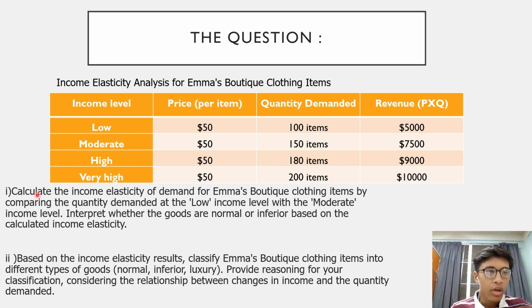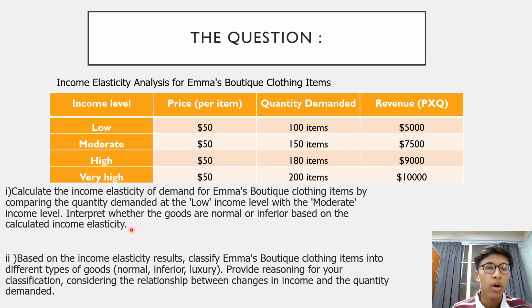So the first question asks how to calculate the income elasticity of demand for Emma Beauty clothing items by comparing the quantity demanded at the low income level with the moderate income level, and then interpret whether the goods are normal or inferior based on the calculated income elasticity.